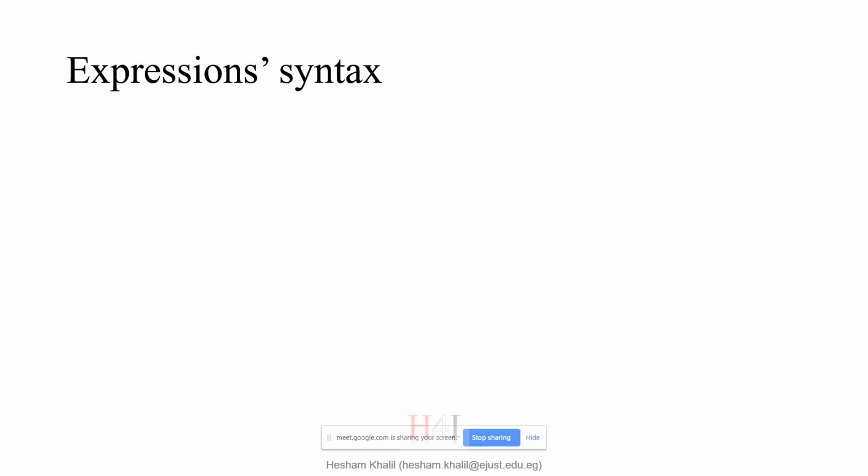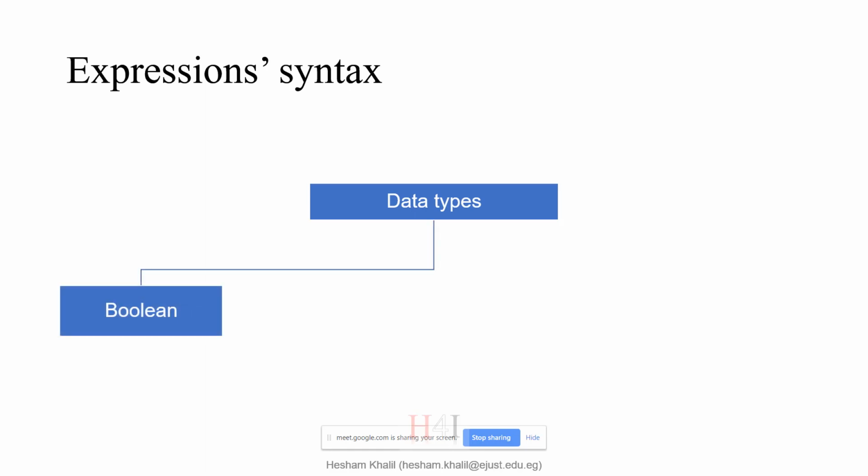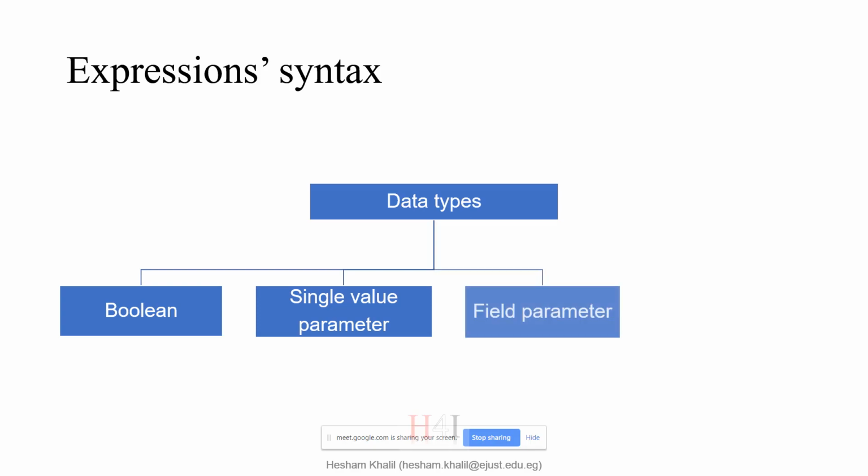Okay, the first thing to know about the expression is how to write it: the syntax of the expression. There are different types of data that can be written in the expression. First is Boolean. Boolean is a variable which is true or false. It's used with conditional statements like the if statement. There are also single value parameters, which I'll talk about later, field parameters, and numbers.